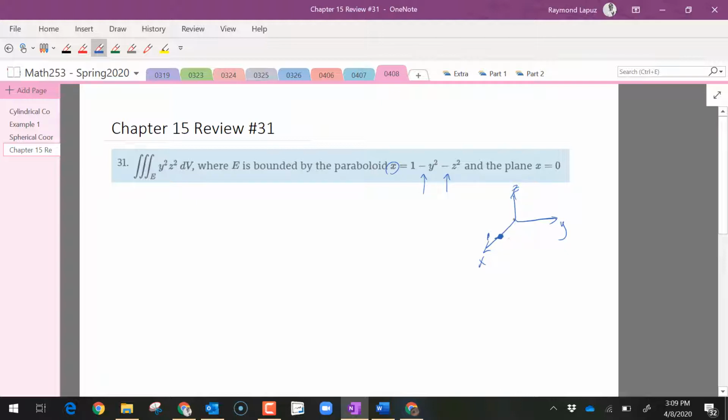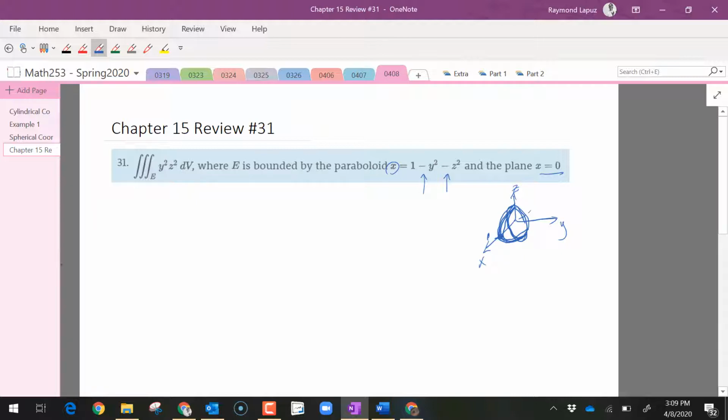So let's put a 1 here, and then it's going to be opening towards the positive axis. And at the x is equal to 0 plane, that's the yz plane, it looks like it's going to get cut off there, and then we're going to have this paraboloid opening towards the negative x-axis.